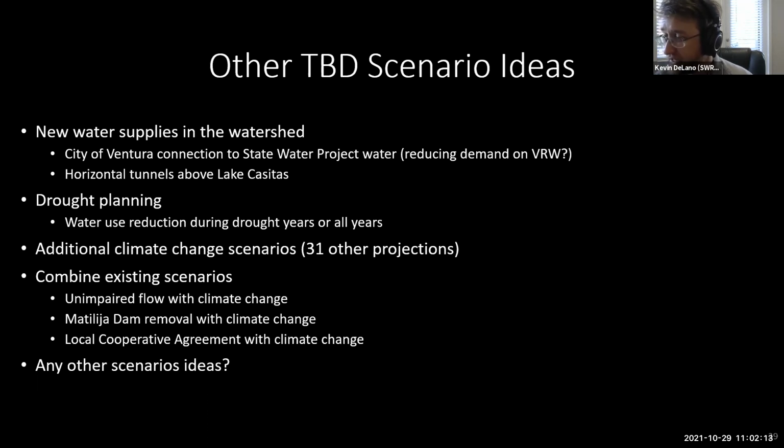So validation of that analysis would be along the lines of what is being proposed here: landscape changes, gray water reuse, infiltration basins, etc. Our local cooperative agreement scenario didn't include any new infiltration basins. It does represent landscape changes and gray water reuse. But if infiltration basins were part of a local cooperative agreement, put that in the proposal, please.